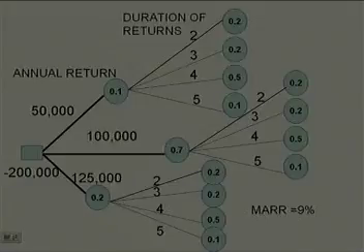Suppose I am interested in finding this probability. It would be the product of 0.1 and 0.2. That means the probability that I am going to get an annual return of 50,000 for the next 2 years is given by 0.1 into 0.2, which is 0.02.